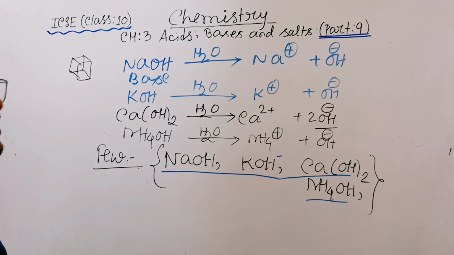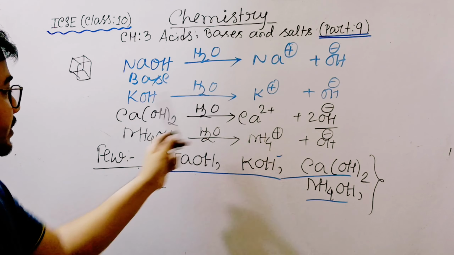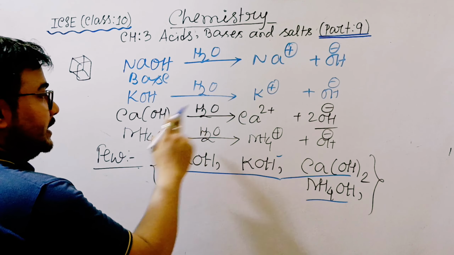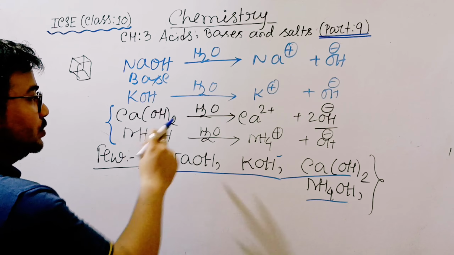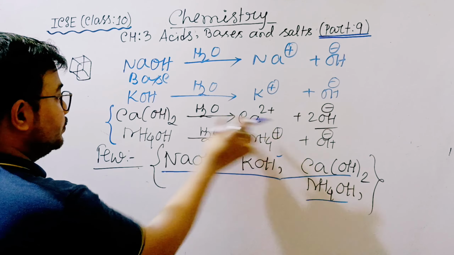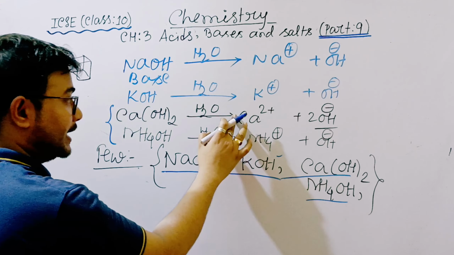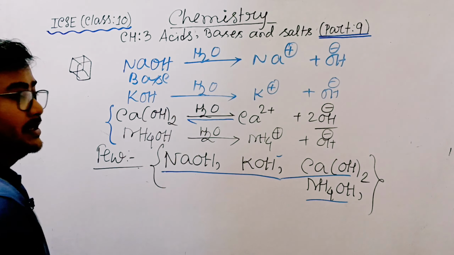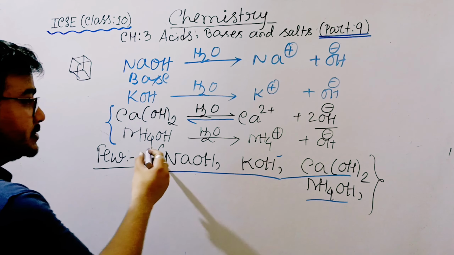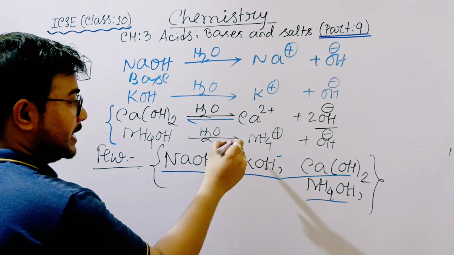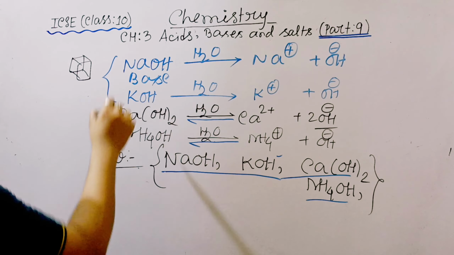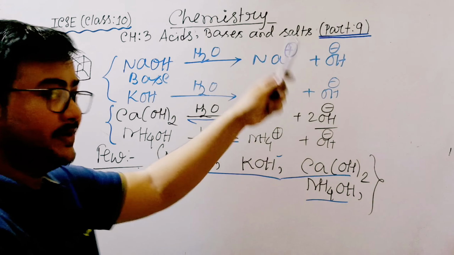But the problem is that whenever it dissociates, that is cleavage, dissociate is the scientific word, in the case of the last two, it will break into Ca2 plus and OH minus, but again they will combine and come back, so it becomes reversible. In the first cases, they will not come back, only cleavage.